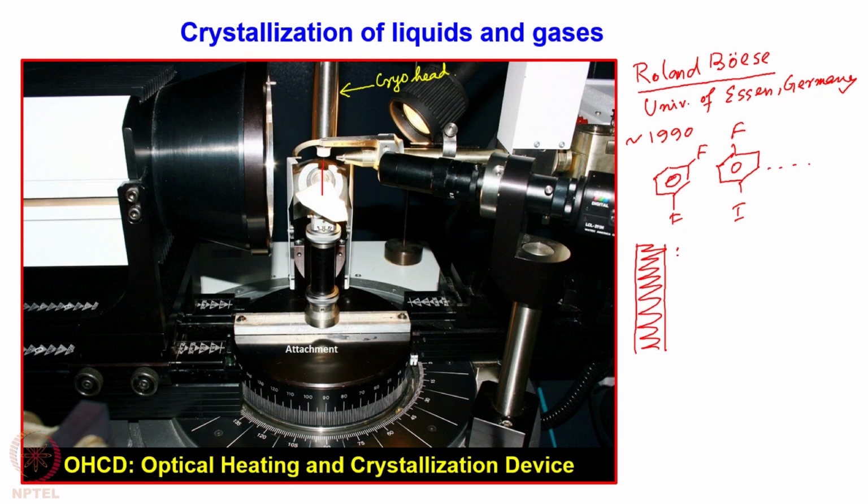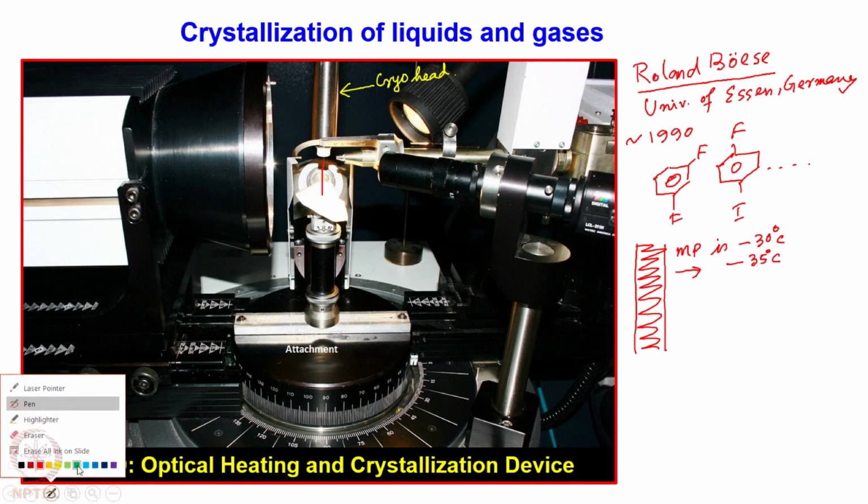So suppose the melting point is minus 30 degrees centigrade, we warm the capillary to about minus 35 degrees centigrade, that is just 5 degrees below the melting point.